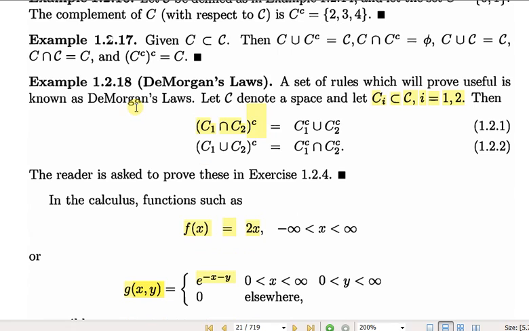Now, De Morgan's laws. A set of rules which will prove useful is known as De Morgan's laws.